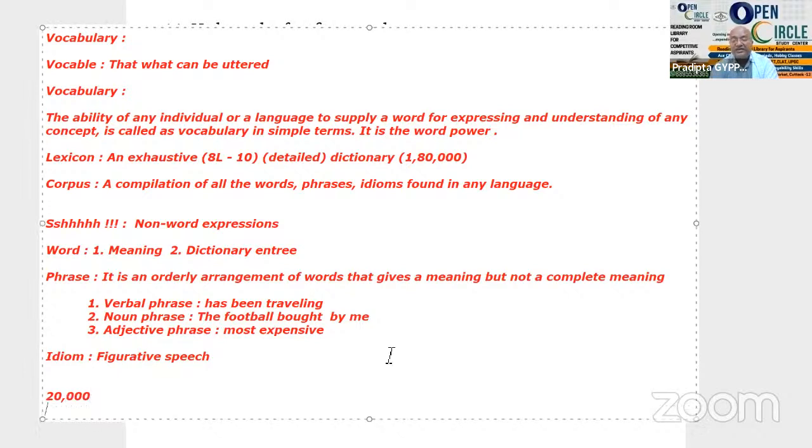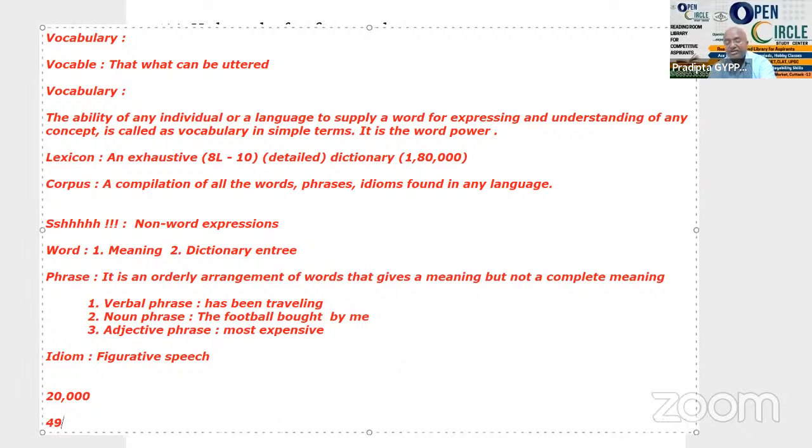If you are a graduate or a postgraduate, your minimum vocabulary should be 40,000 in order to be able to be an expert in your field. That means you will have to increase your vocabulary to a minimum of 20,000 in coming times. Got it?